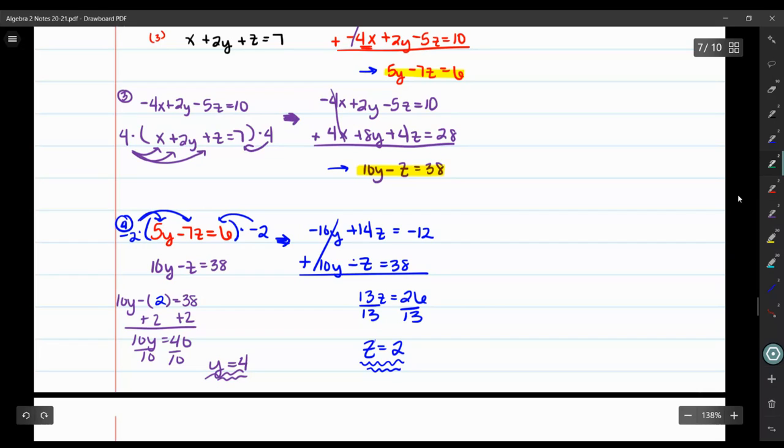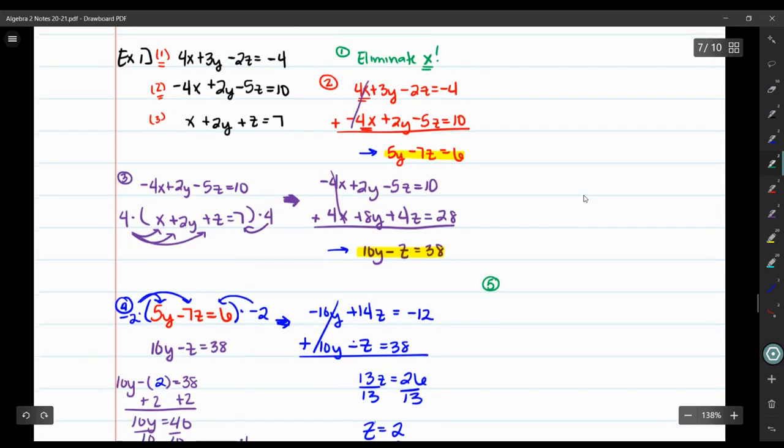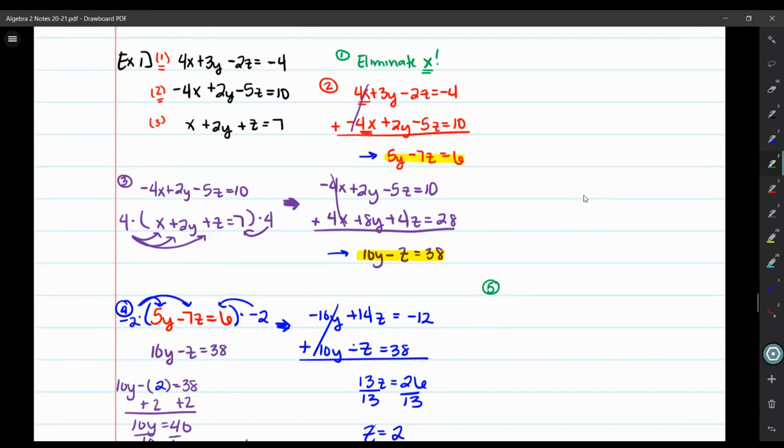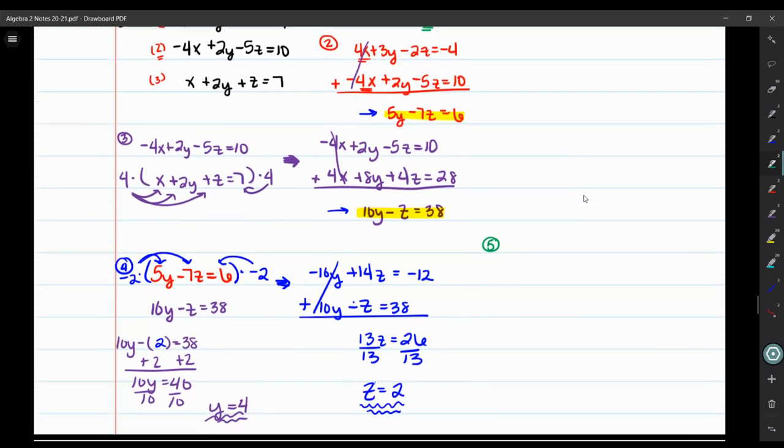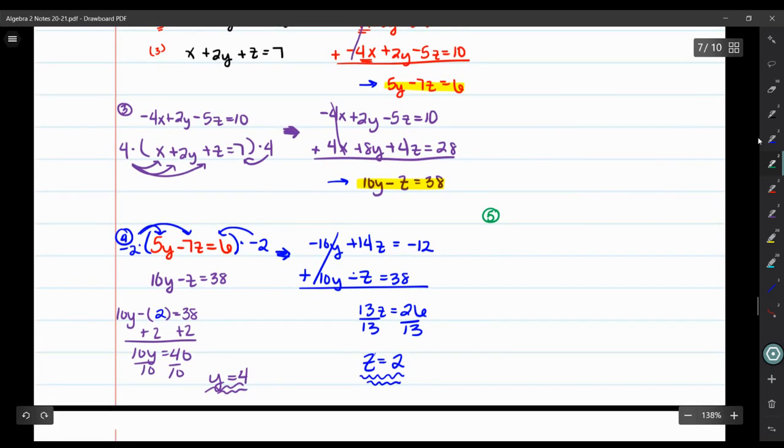Now that I've solved the 2-variable system, we have 2 of our pieces. So step 5 is taking those 2 pieces, substituting them into an original equation to get our third piece, which in this case is our x. If we look at our equations, the third equation, x plus 2y plus z equals 7, looks the simplest to use.